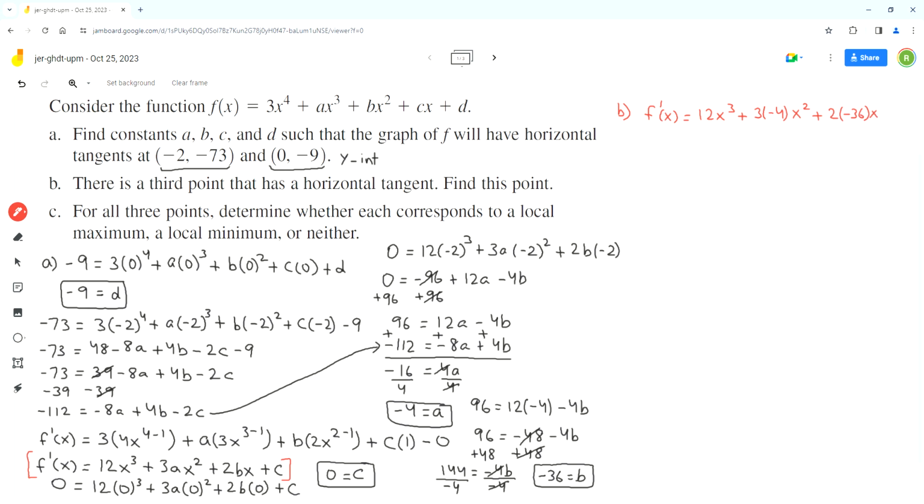Now the c is equal to 0, so we can ignore the value of c. So we can simplify this equation as f'(x) equals 12x cubed minus 12x squared, then minus 2 times negative 36, which is equal to negative 72x.